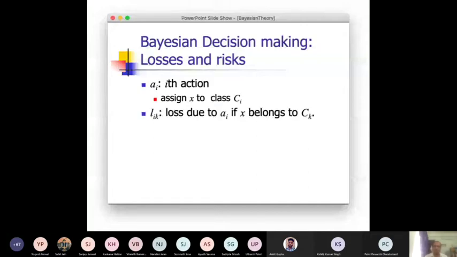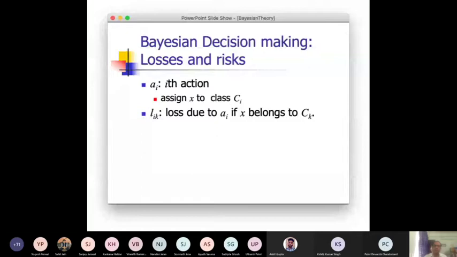So the definition of this loss function in this case is given in this way. It's a kind of enumeration of losses for an action AI if X belongs to CK, which means suppose the instance belongs to class K, but for some reason you have considered the assignment to class I. Okay, so it's a general situation.